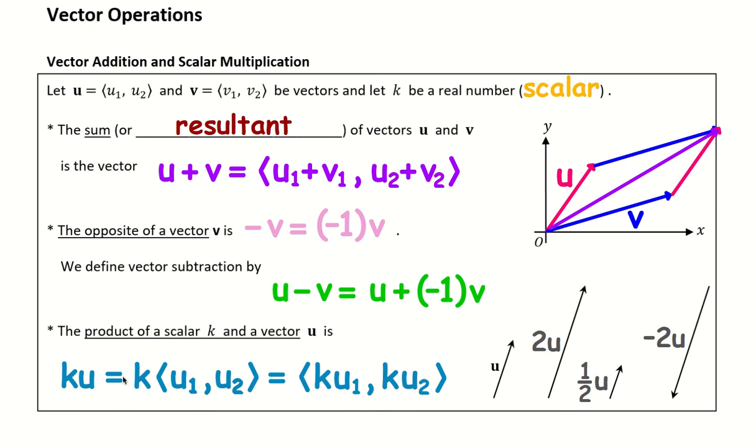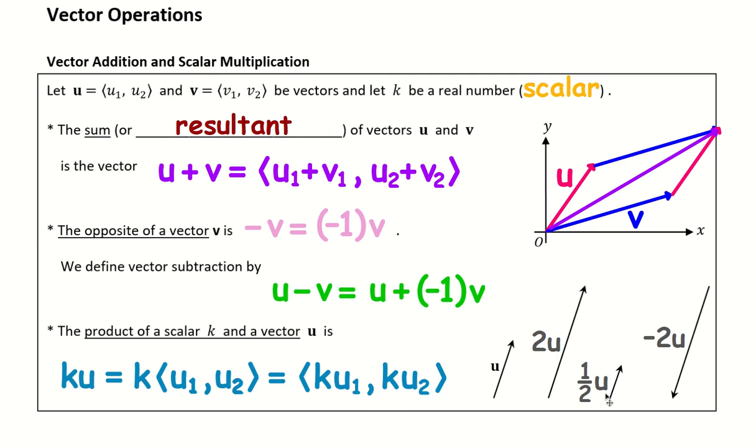And then if you wanted a visual representation, a graphical perspective, if this was your vector u, going up at this angle, with this length, this magnitude, then this would be 2 times u.